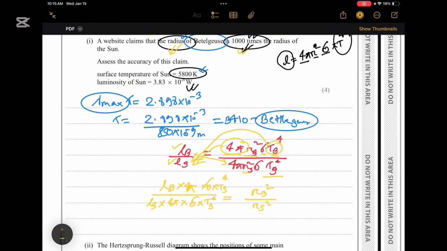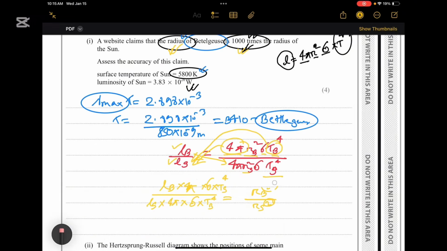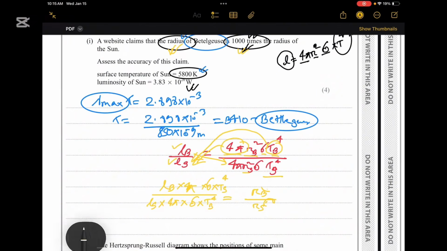Now we can take away this radius by taking the root overall. Root over them all will take out the squares on the radius.